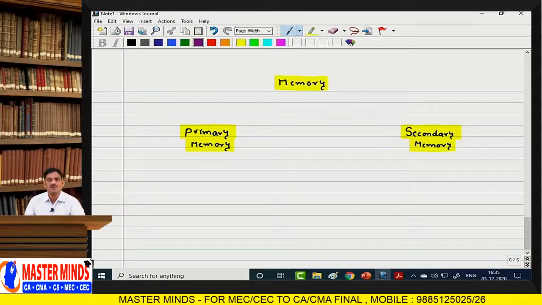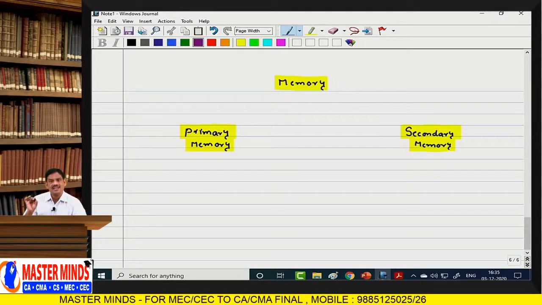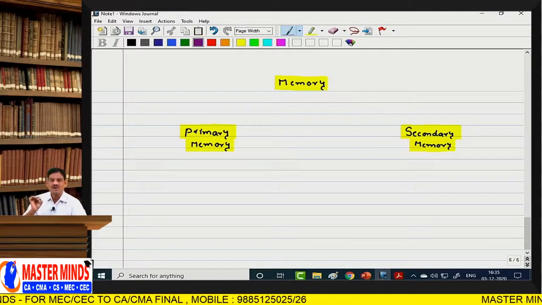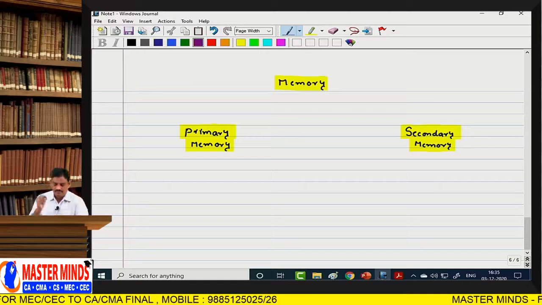Primary memory is also called semiconductor memory, whereas secondary memory is known as magnetic memory or optical memory.